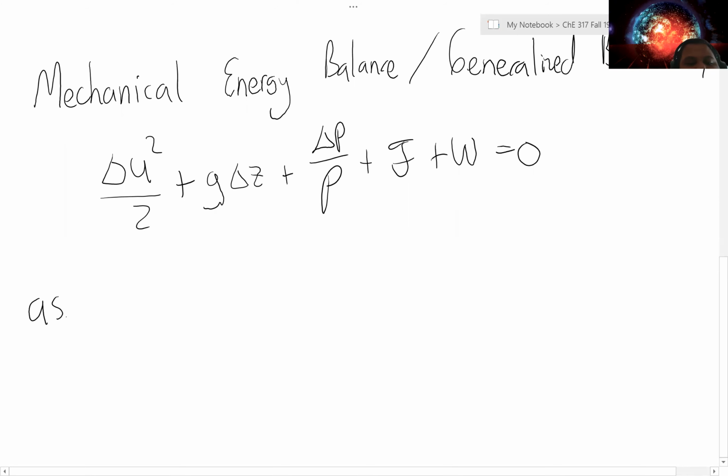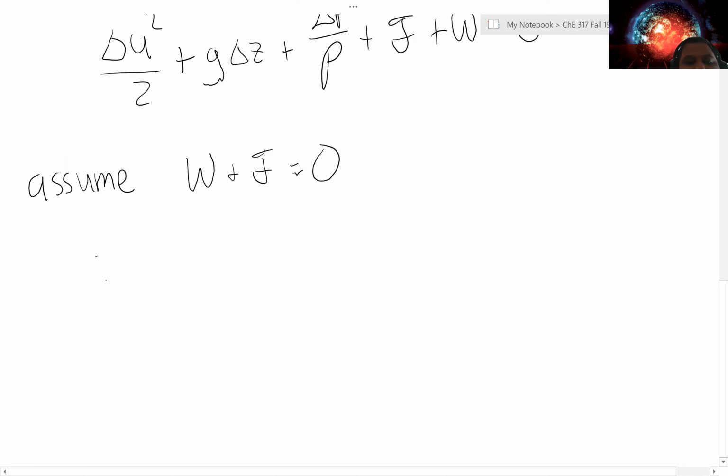Where in certain cases, if we assume our work and friction terms are 0, we get the simplified Bernoulli equation.